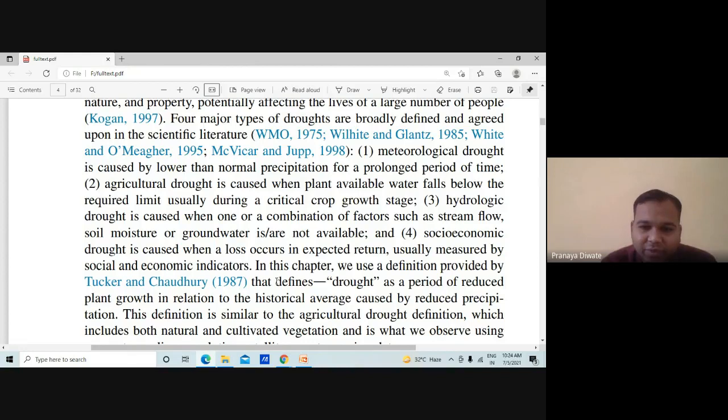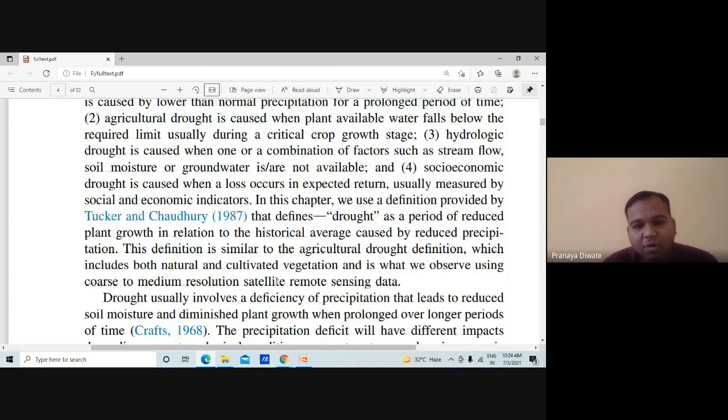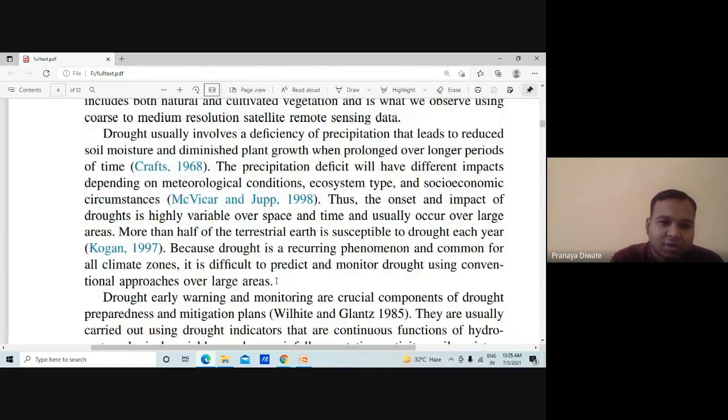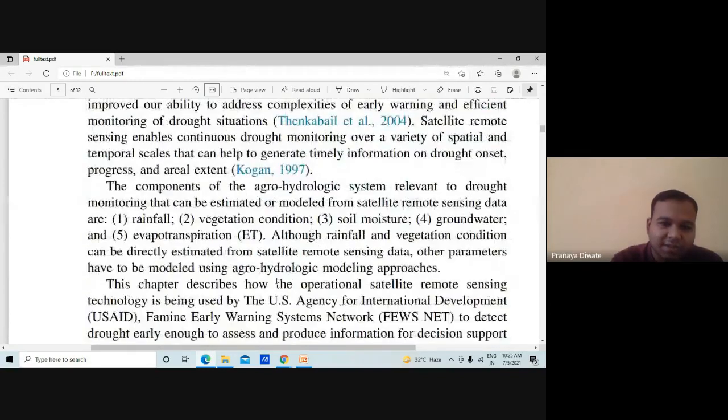In this chapter, we use a definition provided by Tucker and Choudhury that defines drought as a period of reduced plant growth in relation to the historical average, caused by reduced precipitation. This definition is similar to the agricultural drought definition. So this is how drought is defined on the basis of several components.